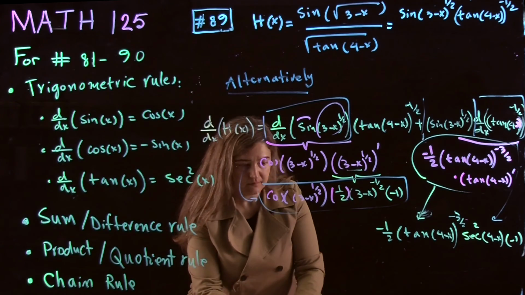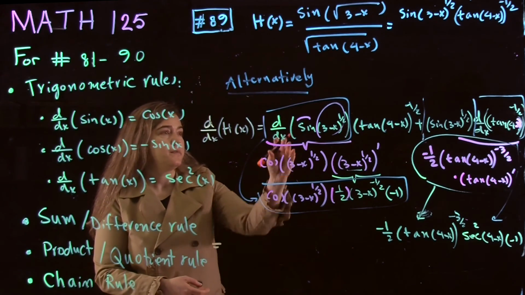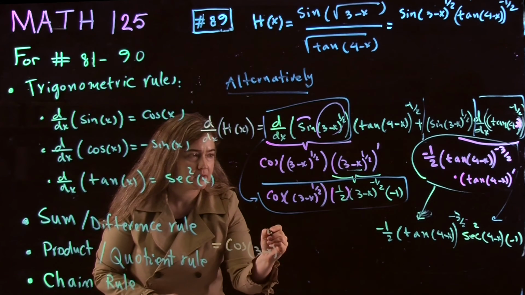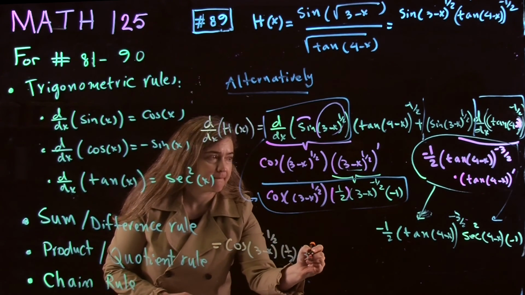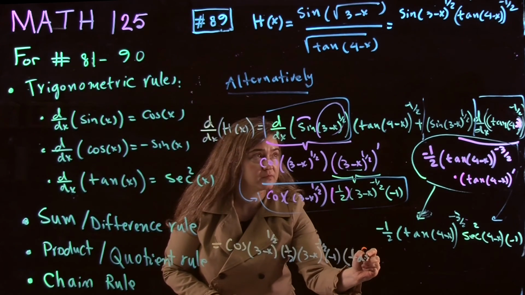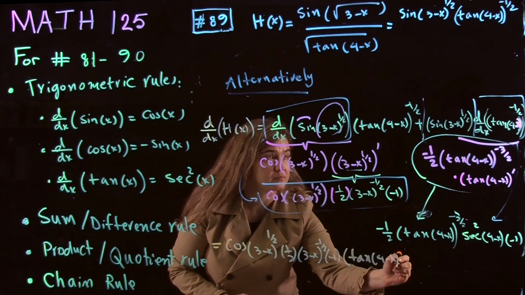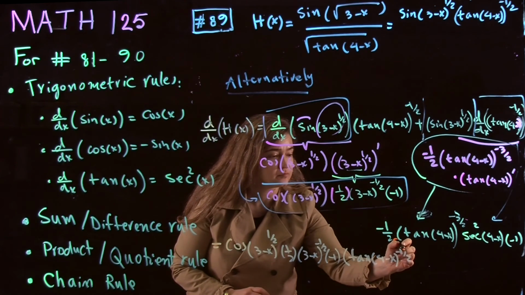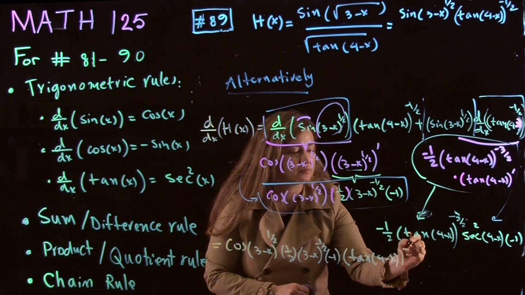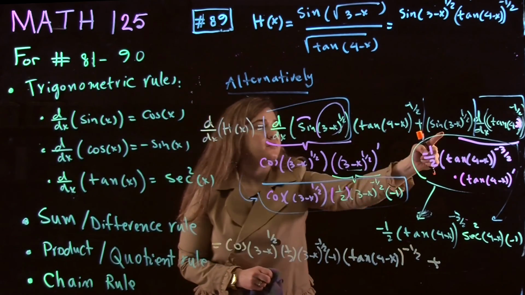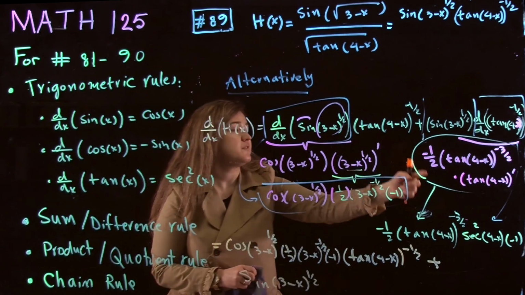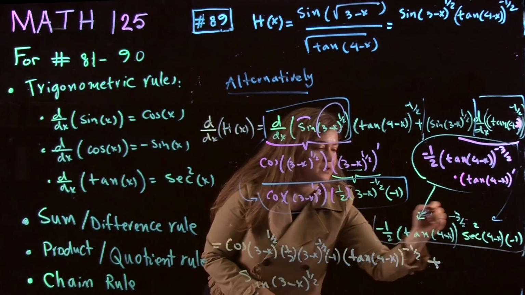So this entire thing is going to be equal to this part, which is derivative of the first factor, times the second factor, plus first factor unchanged times the derivative of the second factor, which is given right here.